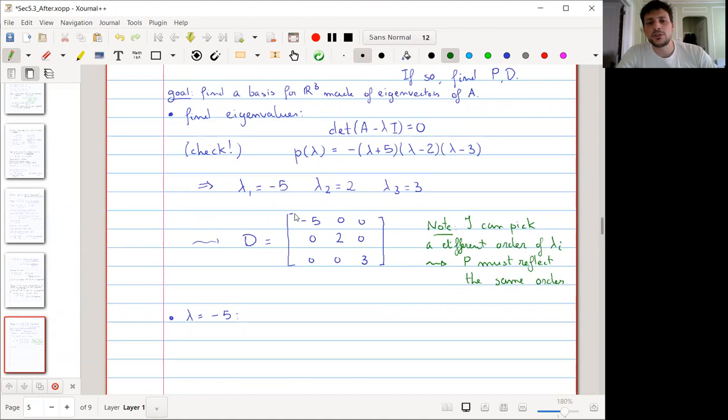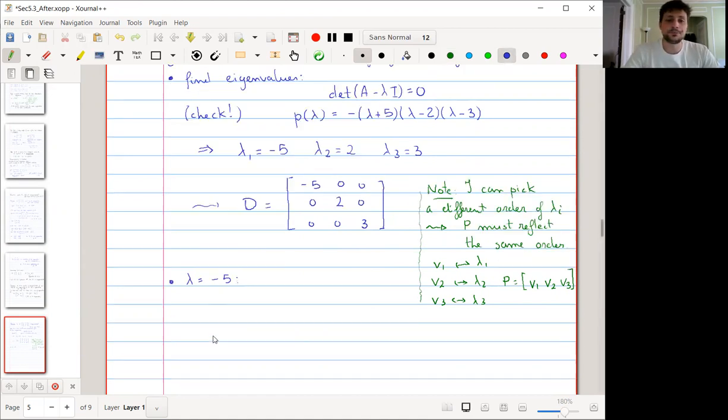What we'll do here is to find an eigenvector for lambda 1, an eigenvector for lambda 2, and an eigenvector for lambda 3. So the important thing is that P contains these eigenvectors in the correct order, in the order that matches the fact that we have lambda 1 up here, lambda 2 in the middle, and lambda 3 at the bottom. So as long as you make your choices consistently, the order doesn't matter, but it needs to be respected.